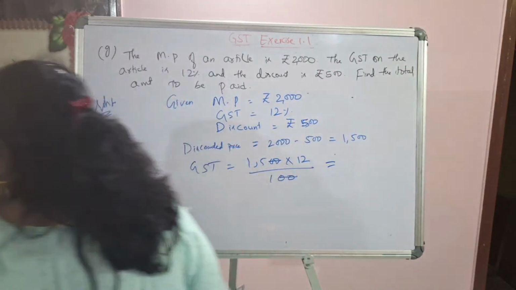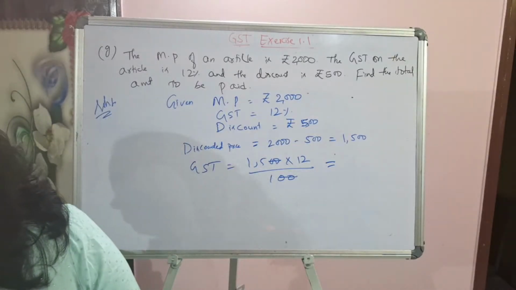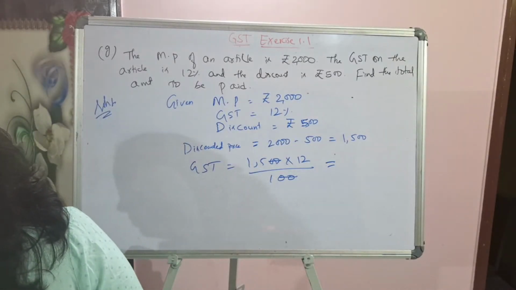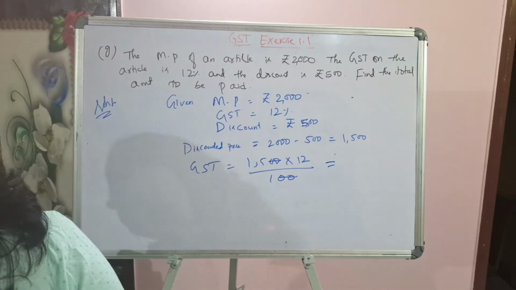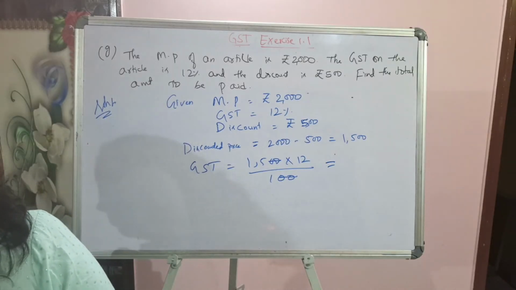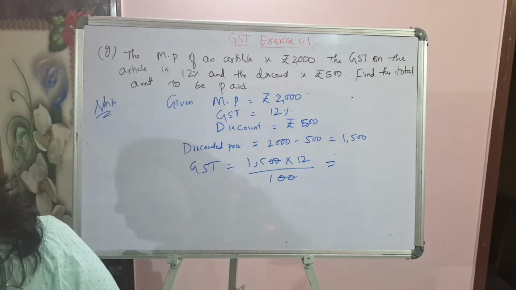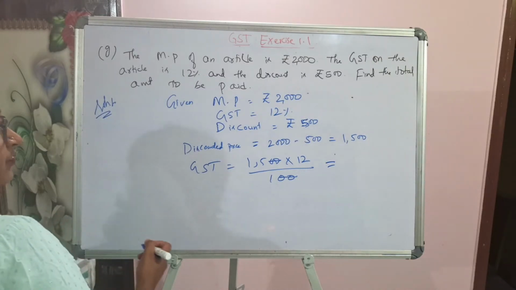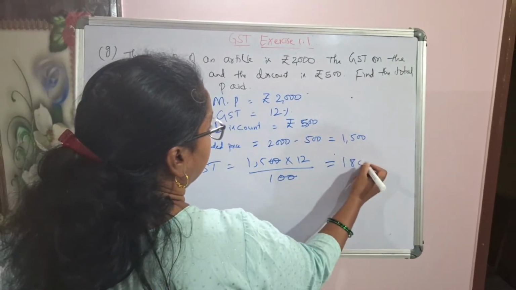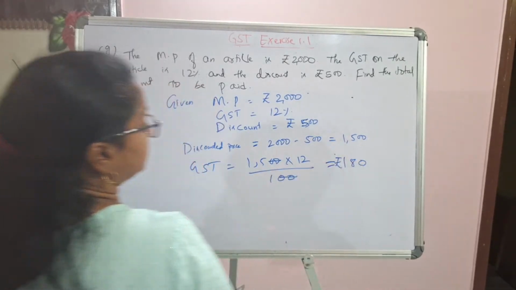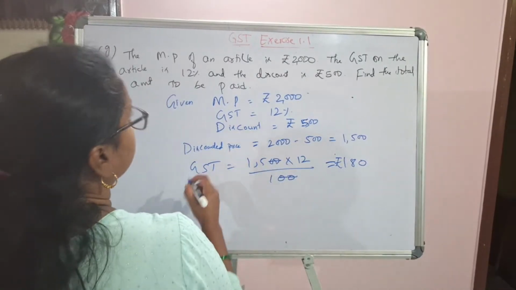So which is equal to 15 into 12, which is 180, the GST amount.